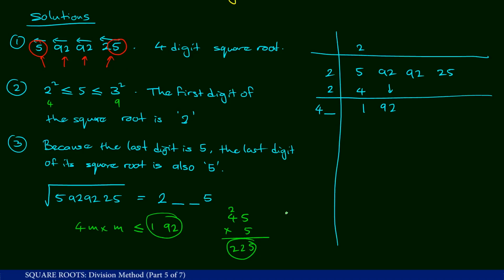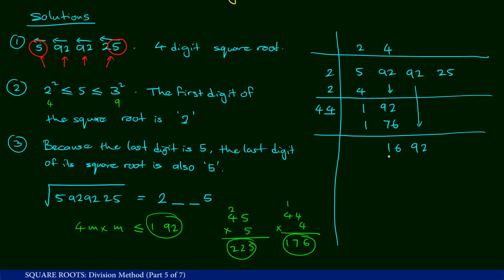So let's try 44 then. 44 times 4. 4 times 4 is 16. So 16 plus 1 is 17. 176 is less than 192. So the digit is 4. So we have figured out the second digit now. 44 times 4 is 176.